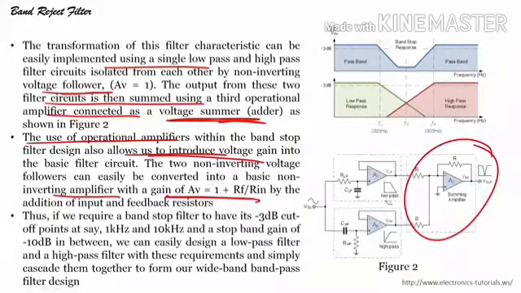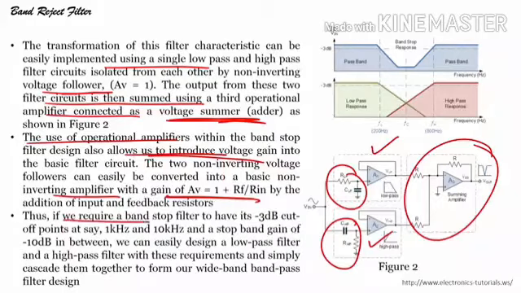Right now both are unity gain amplifiers or voltage followers, right. This is my low pass filter, this is my high pass filter, but these are just voltage followers. Instead of a voltage follower, if I use a non-inverting amplifier or an inverting amplifier, then I can easily tune my gain.